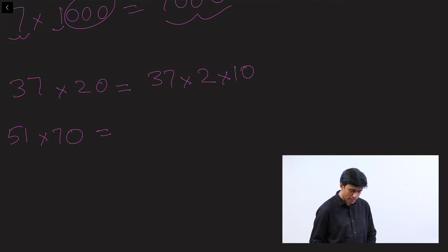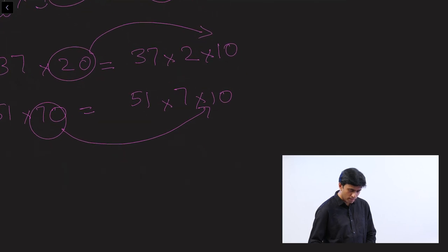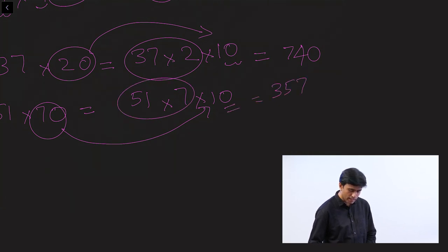You can simplify 20 as 2 into 10. And you can do 51 into 7 into 10. 70 is written as 7 into 10. All you need to do next is just do 37 into 2. 37 into 2 is 74. And then put a 0. 740. How about 51 into 7 is 357. And you put a 0.